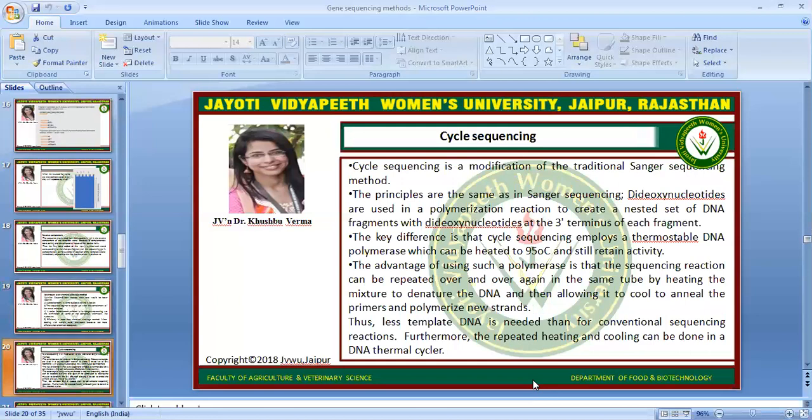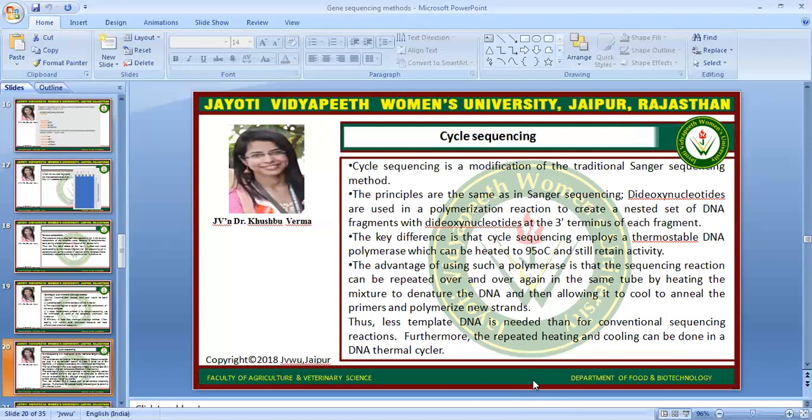Now we will discuss cycle sequencing. Cycle sequencing is a modification of the traditional Sanger sequencing method. The principles are the same as in Sanger sequencing. Dideoxynucleotides are used in a polymerization reaction to create a nested set of DNA fragments with dideoxynucleotides at the 3' terminus of each fragment. The key difference is that cycle sequencing employs a thermostable DNA polymerase which can be heated to 90 degrees and still retain activity.